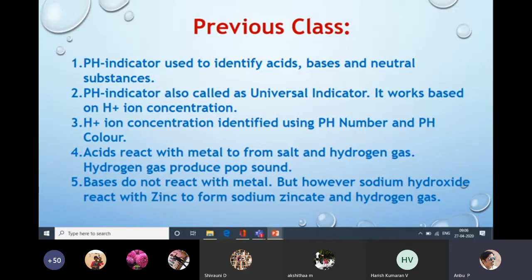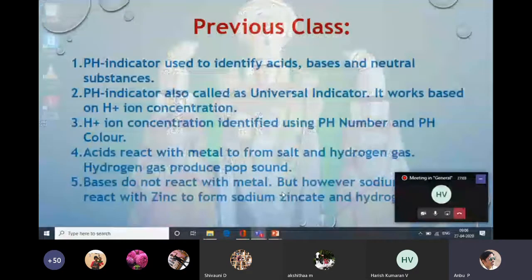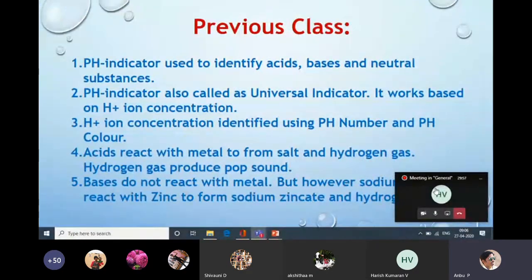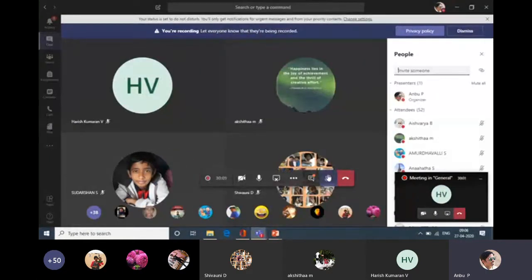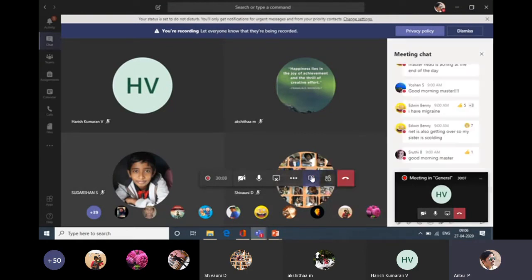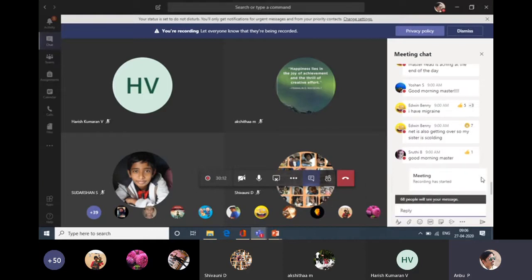So what is the reason why bases don't react with metal? Can anybody answer? Why bases don't react with the metals? I think everyone has joined. Hello, are you all there?